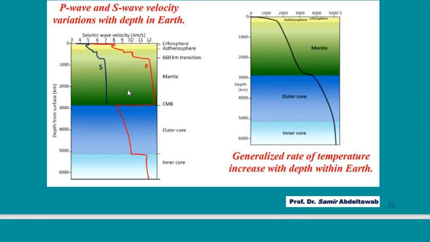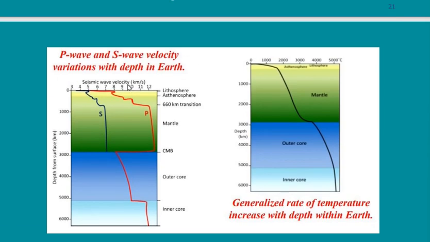We go into some subjects that will help us later in understanding the next chapters. There is something called P wave, and there is something called S wave. P means primary wave, S means secondary wave. Some people say P is pressure wave, S is shear wave.